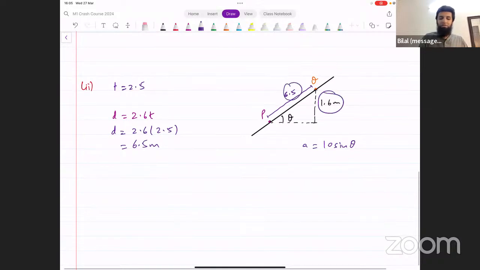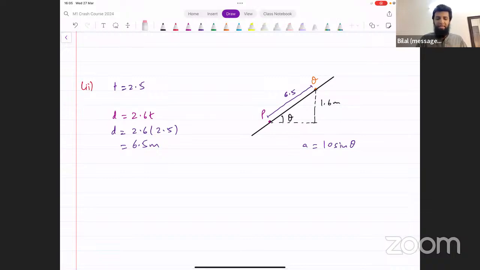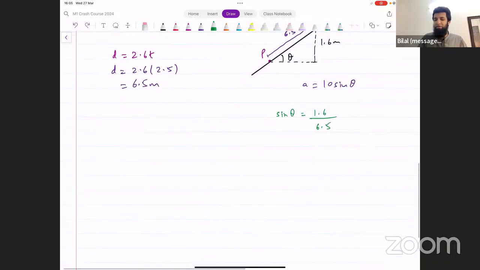This perpendicular is 1.6. What's the ratio between perpendicular and hypotenuse? It's sine, right? So we say sine of theta equals 1.6 divided by 6.5. Now, in the acceleration formula, we just need to input sine theta. We don't even need to calculate theta now. We just input this directly there.